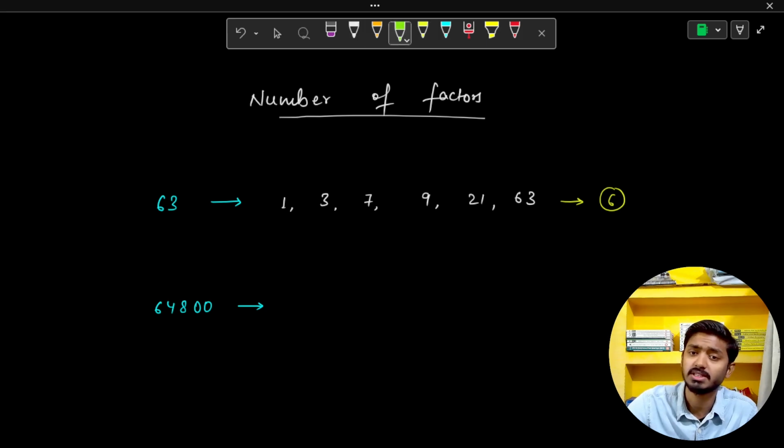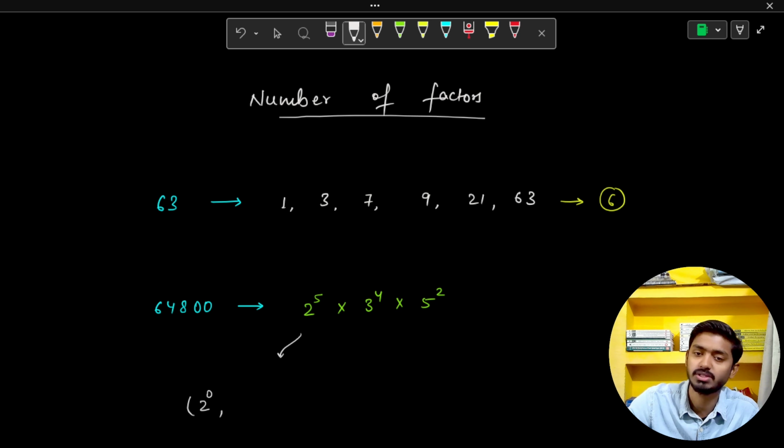We write 64800 as 2 to the power 5 times 3 to the power 4 times 5 squared. Now if we observe, we can easily say that 2 to the power 5 has factors 2 to the power 0, which is 1, 2 to the power 1, 2 to the power 2, 3, 4 and 5.